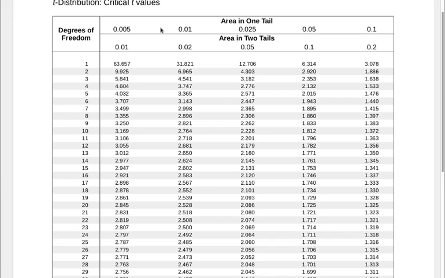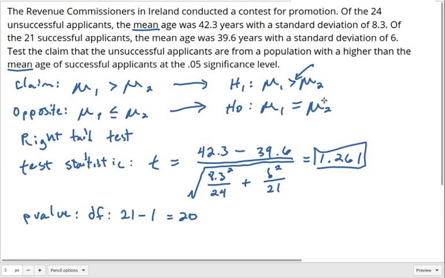So notice the order that these numbers go in. They go from small to big. So if I'm over here to the right, that means my p-value is bigger than 0.1. I don't know what it is with this method specifically, but I do know that it's bigger than 0.1.